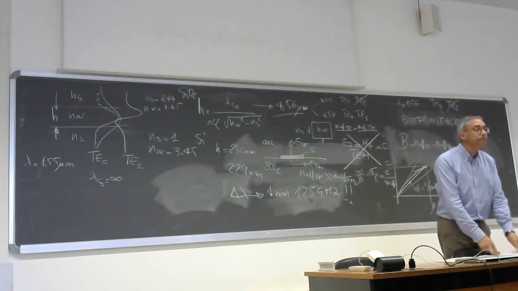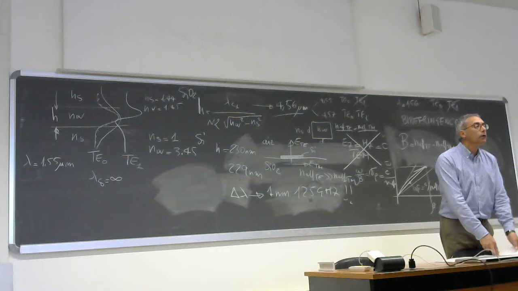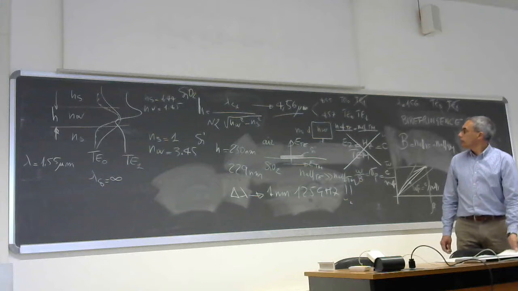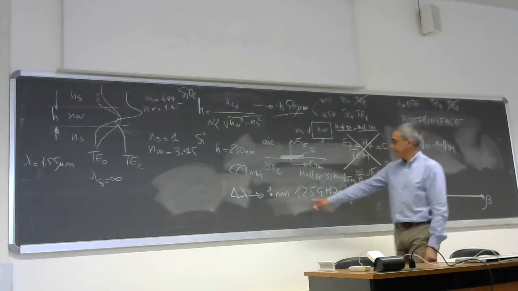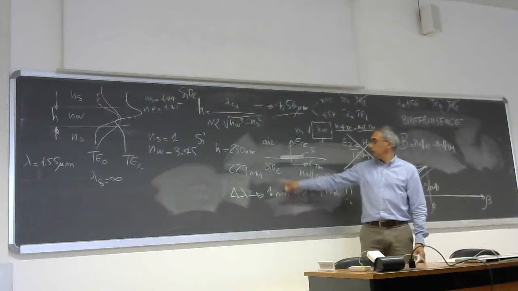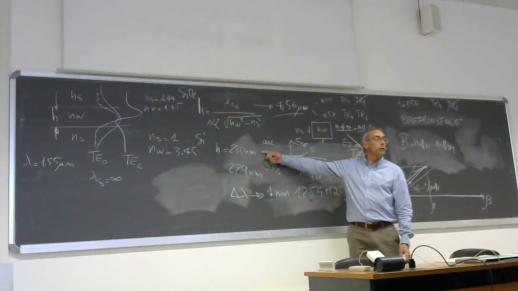Can you explain again the sensitivity of the integrated optics? The sensitivity to the width. When it was 230 nanometers, what was the wavelength?